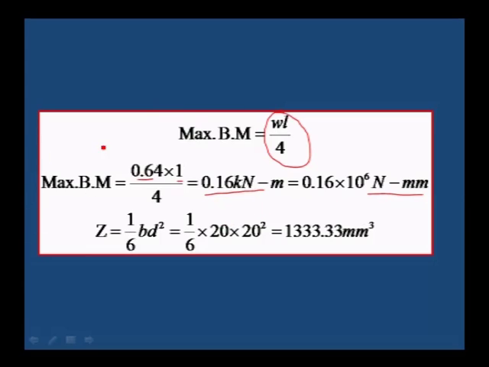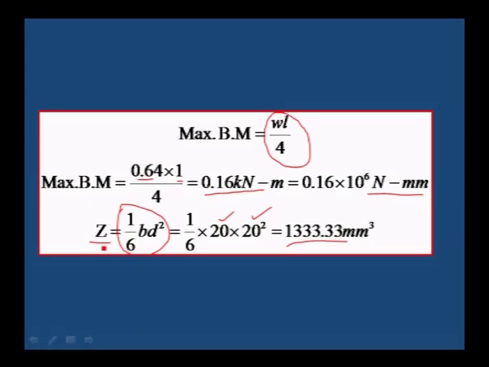Now we have the moment value, and then we will calculate the Z value. Z is equal to 1/6 BD square for the rectangular or square section. Now 20 into 20 square by 6 is 1333.33 mm cube. Now we have the maximum bending moment and the Z value. The moment of resistance is equal to the maximum bending moment.